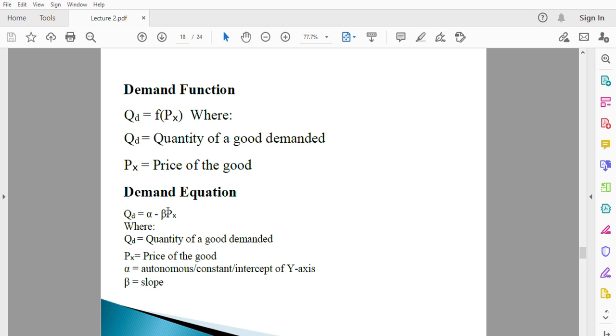It shows the percentage change in quantity demanded as a result of a percentage change in price. So the beta is also a figure that is normally given in a demand function, right? And the Px is the price of a good called x. Okay, so let's just move on.